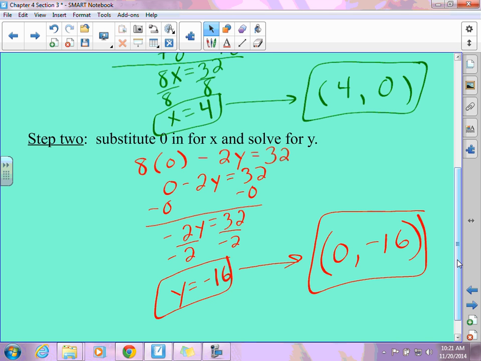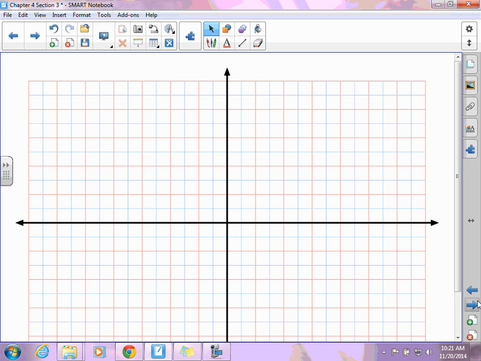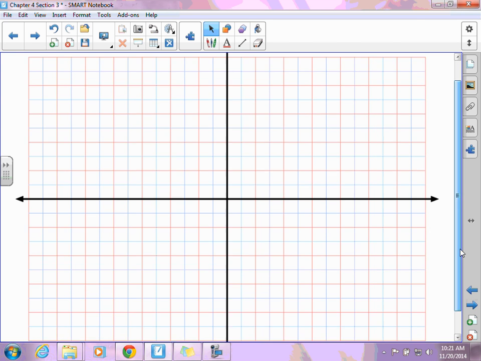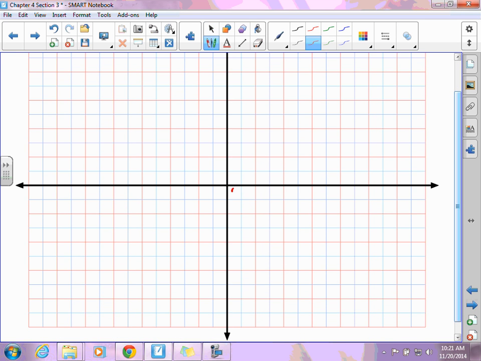Okay. So now when we graph, if you look at your graph paper, you're going to notice that if you go by ones, it's not going to work. And so what I advise you to do is to go by twos. So 2, 4, 6, 8, 10, 12, 14, 16, negative 2, negative 4, negative 6. If you go by twos or something else other than 1, I want you to actually number the axes, because then it's super easy.